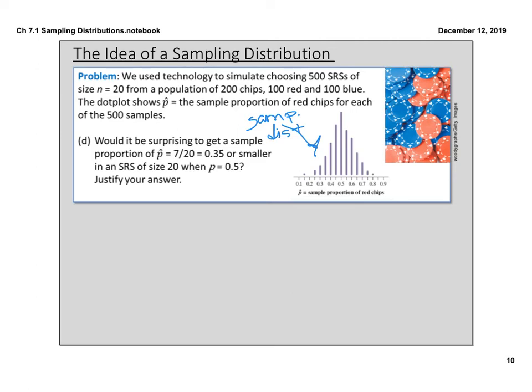So 0.35 or smaller is like all of these. So the point here is when you look at that group, you're looking at all of those responses there. You've got quite a few that are at the 0.35 level, and you've also got some that are even lower. You've got a bunch at the 0.3, a bunch at the 0.25, and one down even at 0.15. So in this case, no, it's not that surprising.